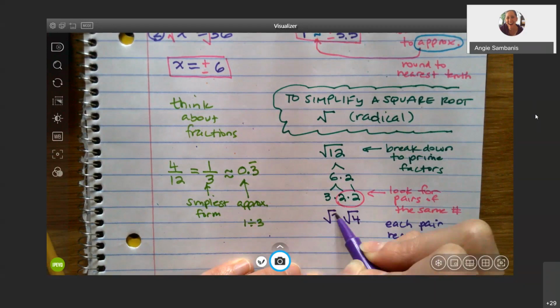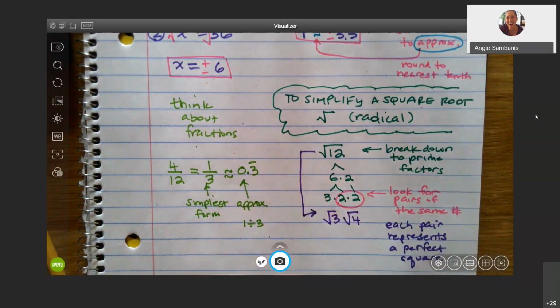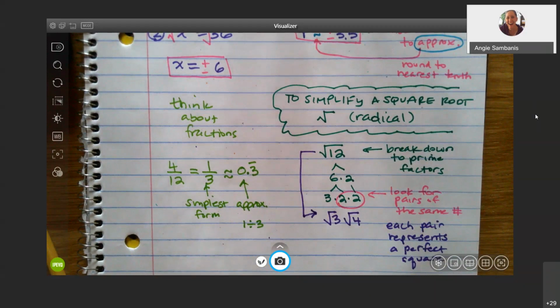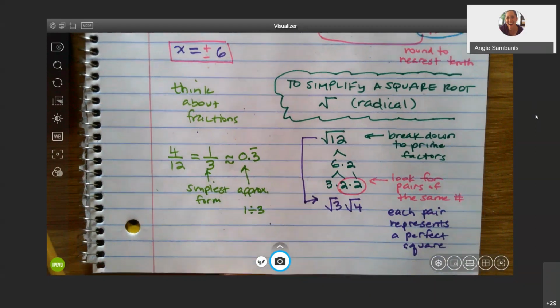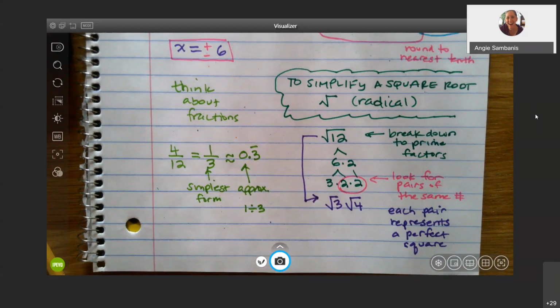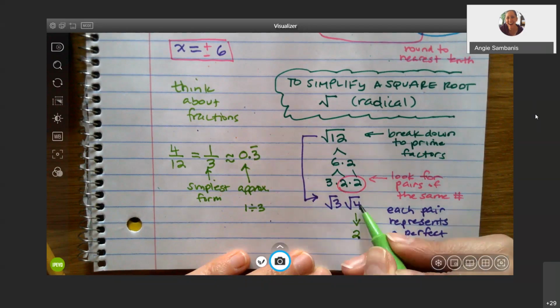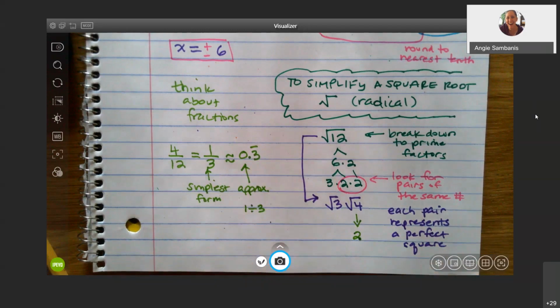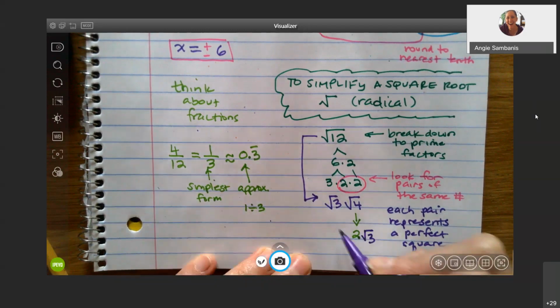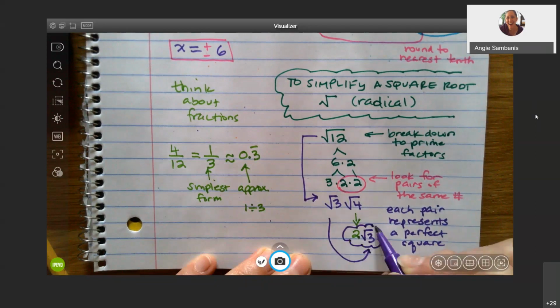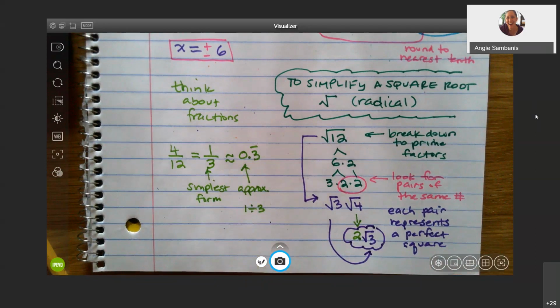So really, the square root of 12 could be written as the square root of 4 times the square root of 3. And we know the square root of 4 is what? What's the square root of 4? Good, Rania. Yeah, 2. So we could break this down to 2, and then the radical 3 is in simplest form. That just comes on down. And this is the simplest form of radical 12.